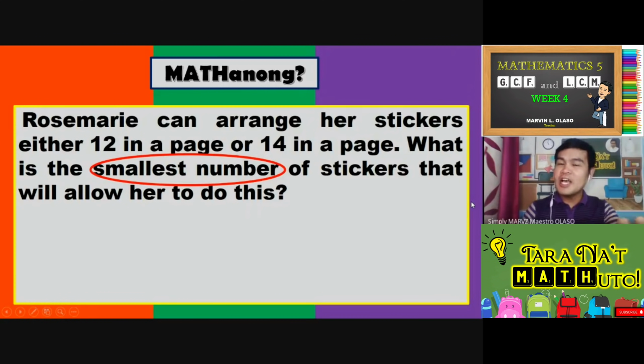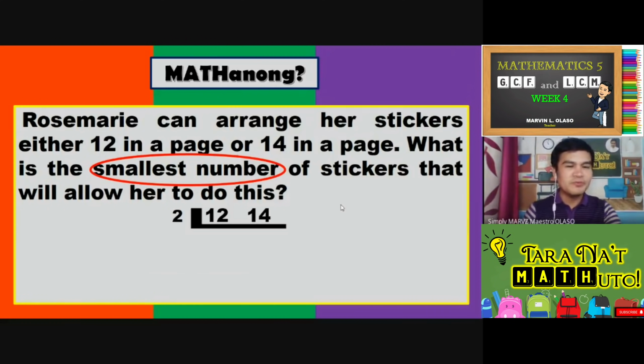So let's apply now. So we are looking for the smallest possible number na pwede nating i-group into 12 and 14. So we will apply our topic LCM or finding the LCM. 12 and 14, what is the number or factor na pwedeng i-divide?